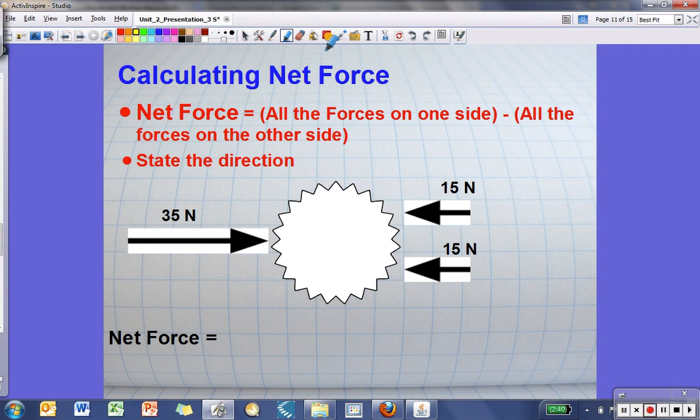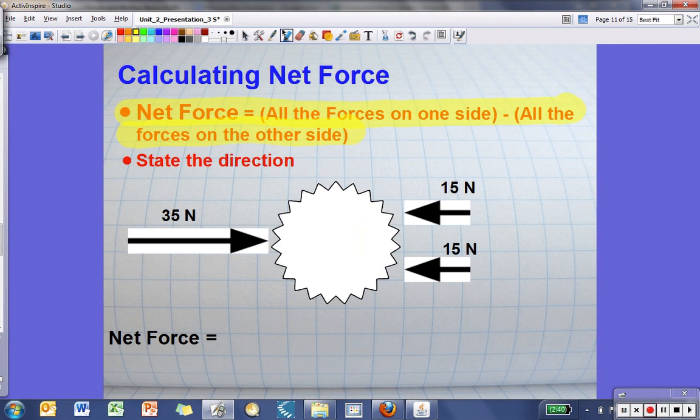What net force is, so this is another equation. The equation for net force: what you're trying to find is the sum of all forces. You add up all the forces on one side and subtract all the forces on the other side. For example, let's say there are three things pushing this object.